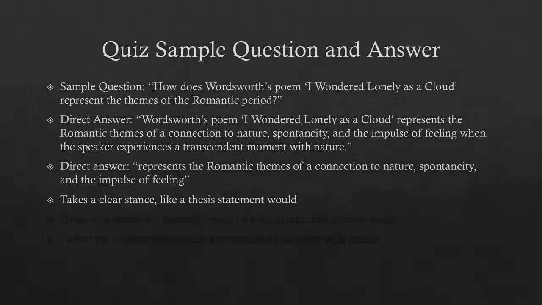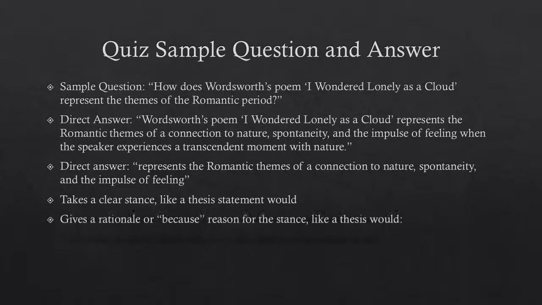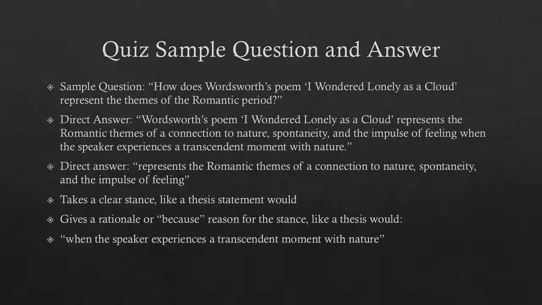I also take a clear stance. Other people might disagree with this, so it reads like a thesis statement. Also, like a thesis statement, I give a rationale or a because of reason. I say, when the speaker experiences a transcendent moment with nature. So these 3 romantic themes are encapsulated by his interaction with nature in the poem.